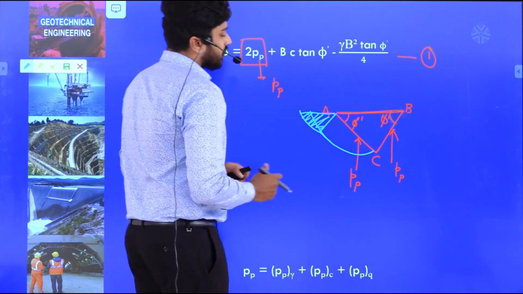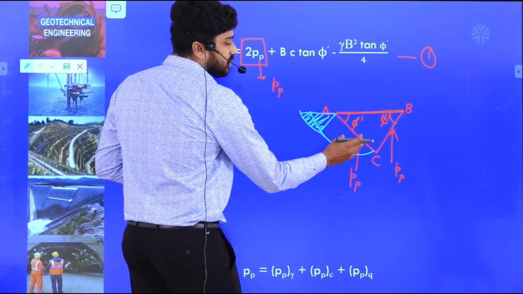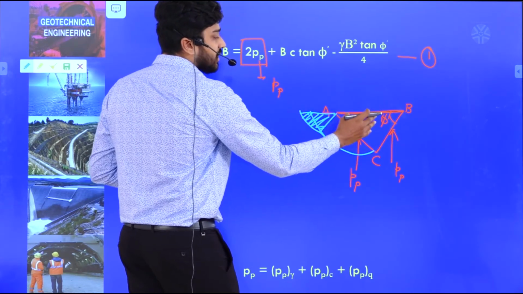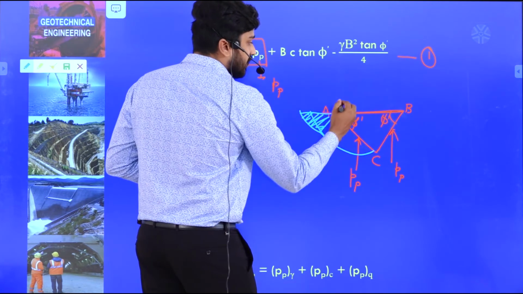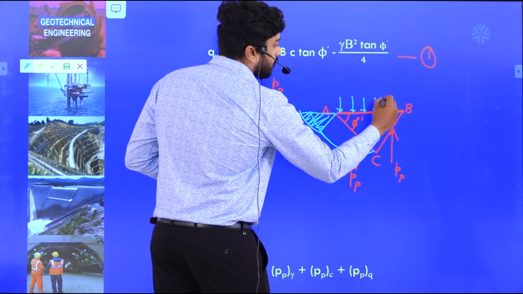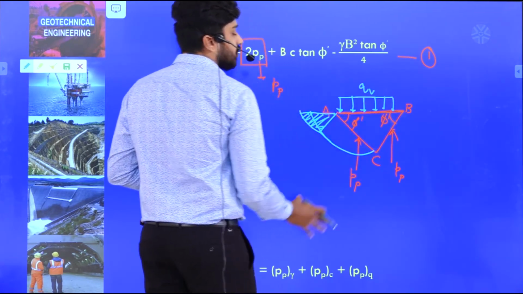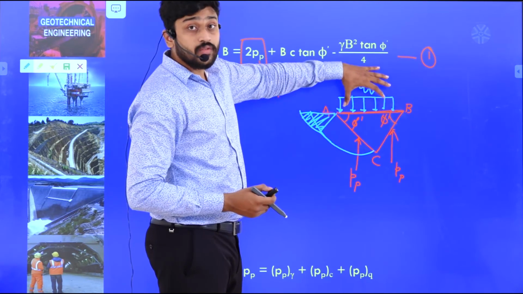Because of zone 2, it is exerting some pressure on this Pp, as well as there is the influence of the additional surcharge load that is coming, that is Qu, as well as the self weight of this particular soil.